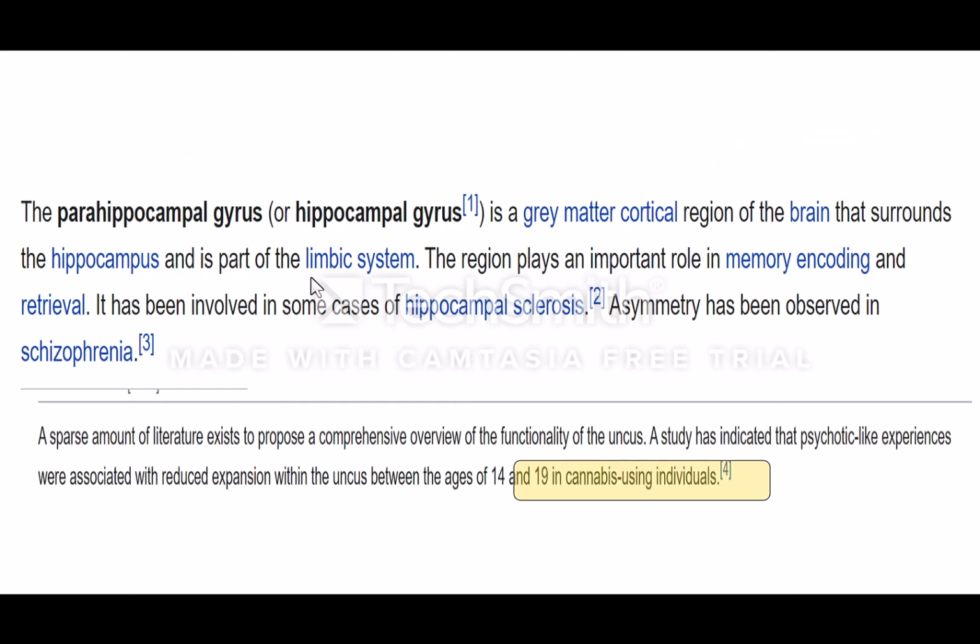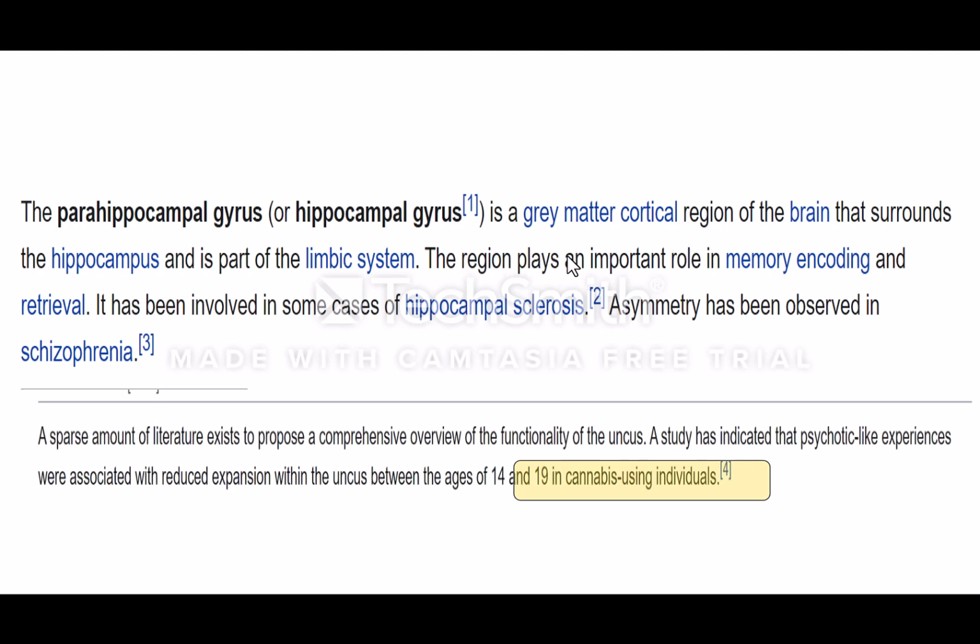So the parahippocampal gyrus is a gray matter cortical region of the brain that surrounds the hippocampus, and it is part of the limbic system. So the parahippocampal gyrus, also called the hippocampal gyrus actually, is part of the limbic system, which is a system that controls emotions.